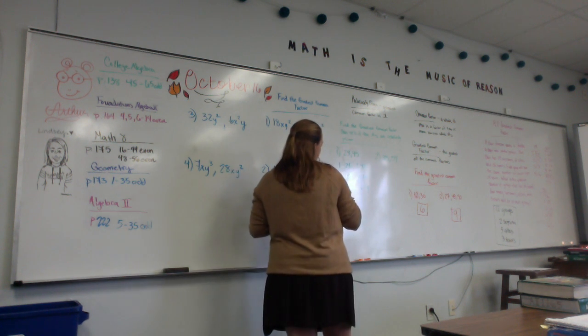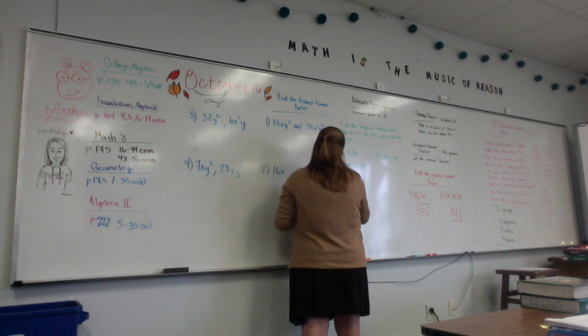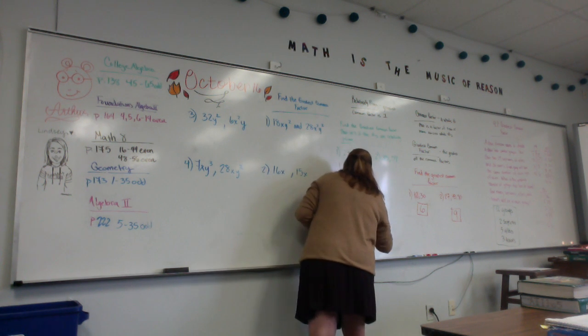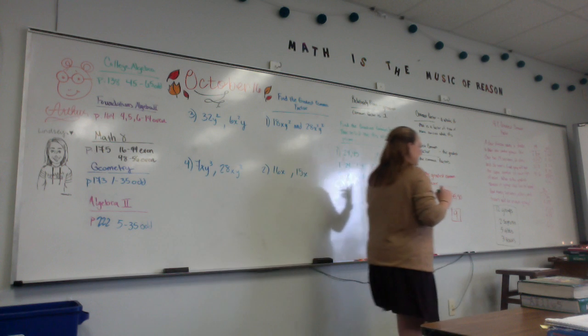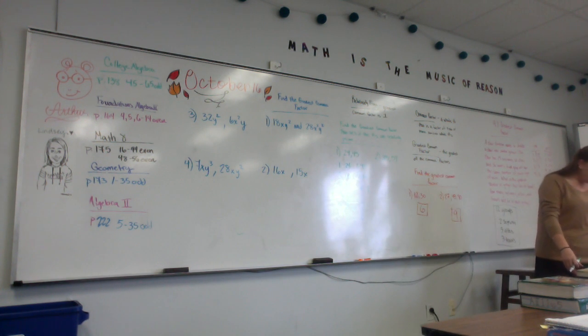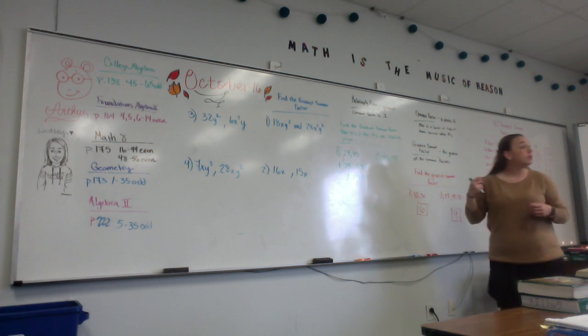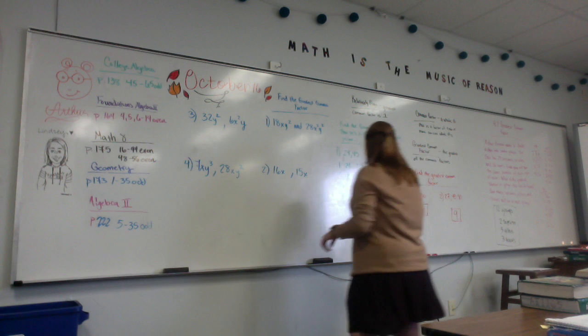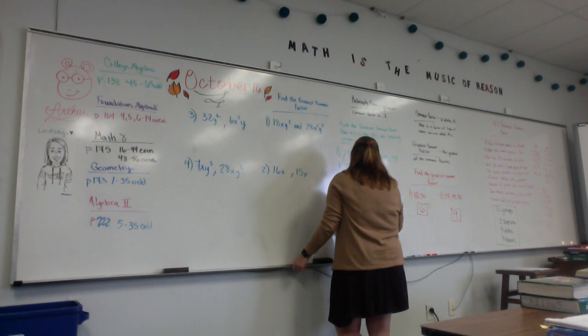So what is the greatest common factor of these? 3. So my greatest common factor is 3. Is that relatively prime? No, because it was not 1, so it's not relatively prime.